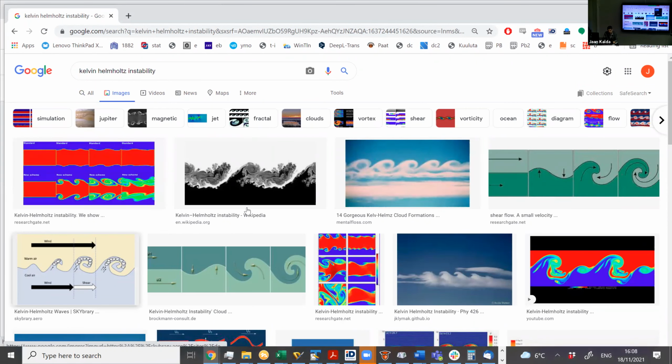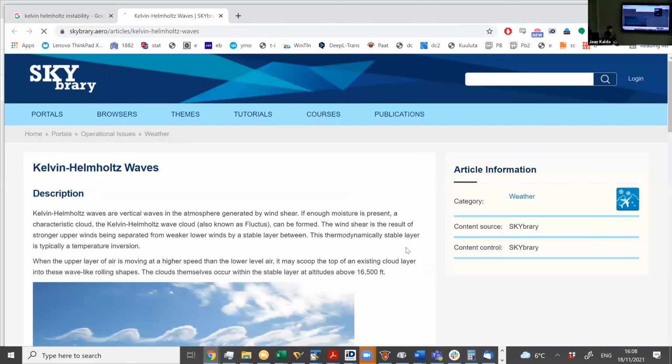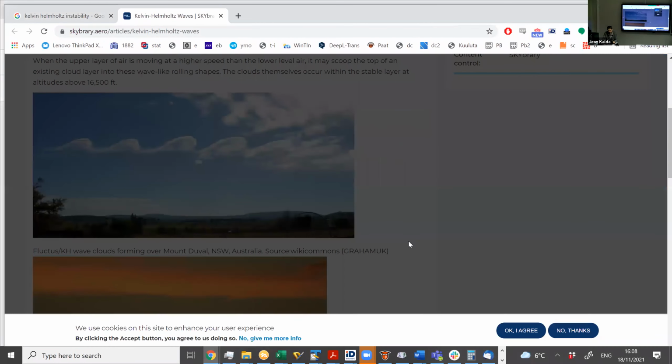I think this picture is quite good. So we have a linear stage with a sinusoidal perturbation, and then it evolves into a non-linear stage. The picture is a scheme here below. I think it's quite a good representation of what is going on.